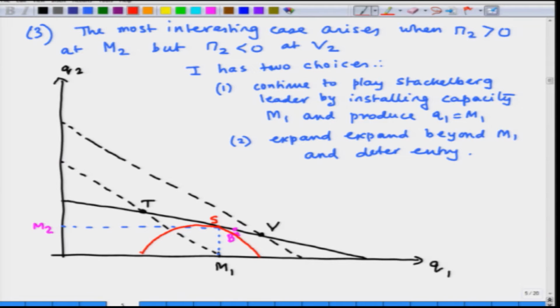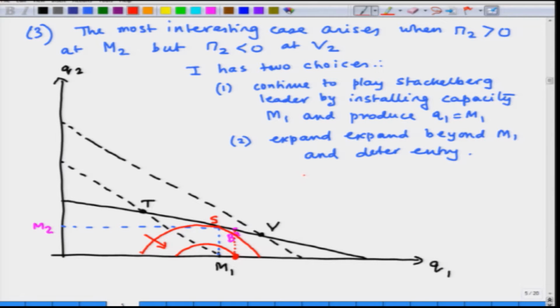On the other hand, if it were to produce B star and deter entry, if it were to produce this level of output which is to the right of M1, it would be able to deter entry, and because profit is increasing as we move down, the incumbent might find it profitable to actually increase capacity and deter entry.